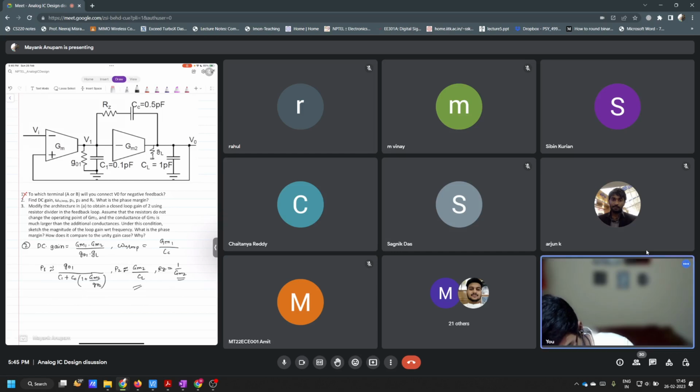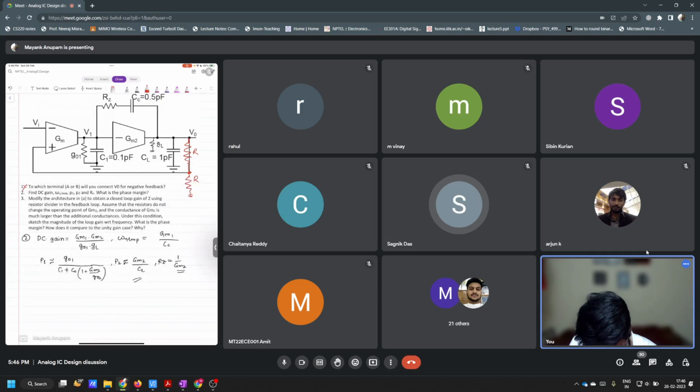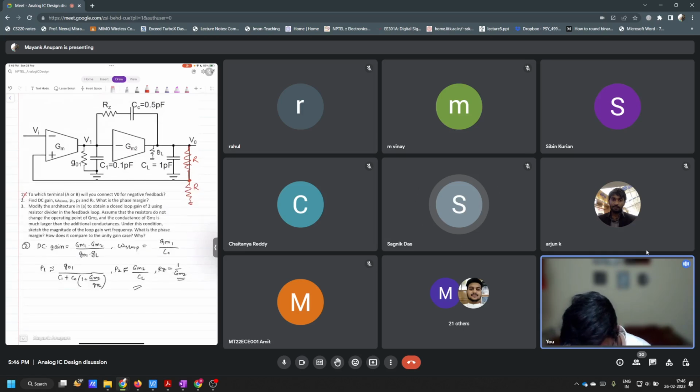Yeah, so the one that I've been showing so many times, right? Like this. This is R. This is R. Correct. Now you see, when this statement is made that you have to add resistors here, another statement is made here: assume that the resistors do not change the operating point of GM2 and the conductance of GM2 is much larger than the additional conductances.